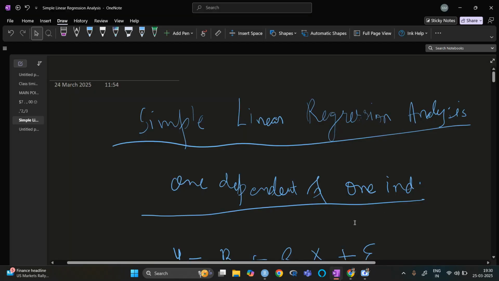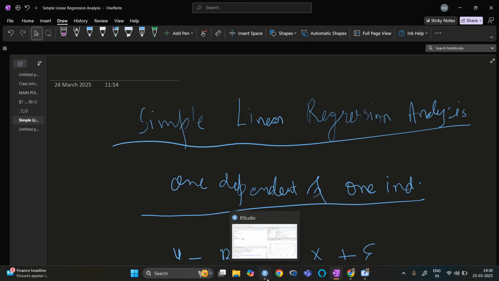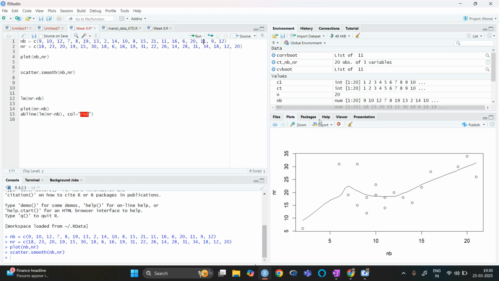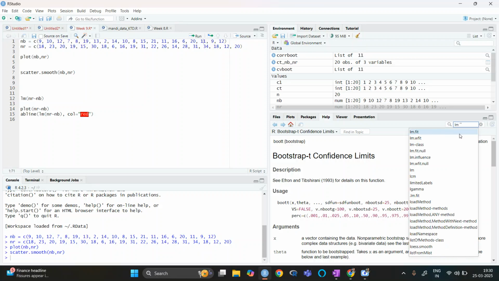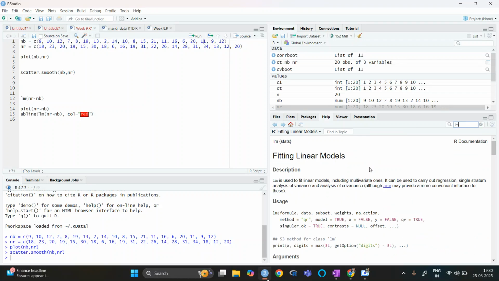To fit it, what we need is this lm. So we will go to help and type lm here.